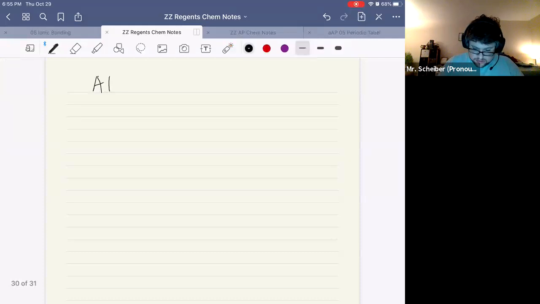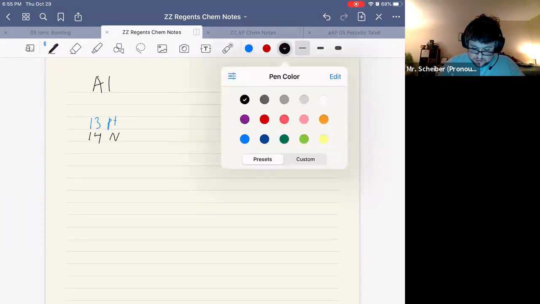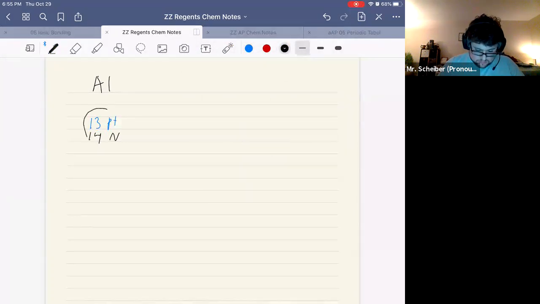So let's go ahead, we'll give it 13 protons, give it 14 neutrons, and let's give it some electrons. Might have to erase that because I might need more room. There are 2 electrons there.